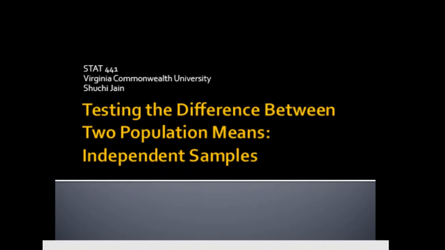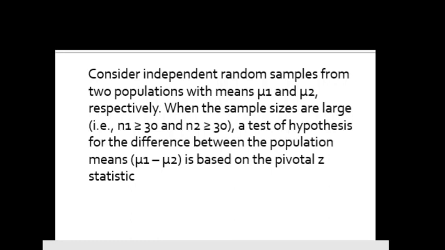In this lecture, we will learn about how to conduct a hypothesis test for the difference between two population means, and we will consider the case when the samples are independent of each other. Let's say we have two populations with mean mu1 and mu2, and we would like to conduct a hypothesis test for the difference between the two population means.